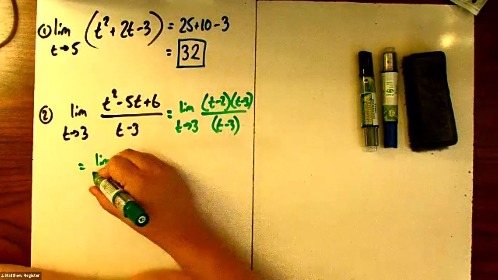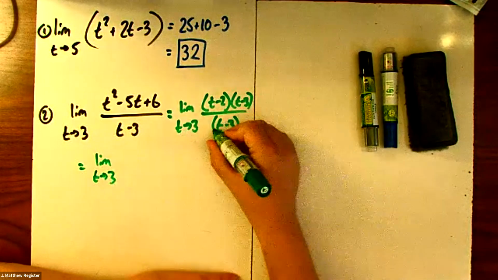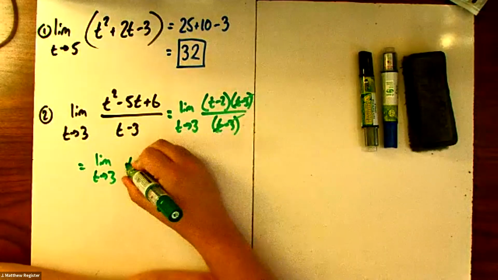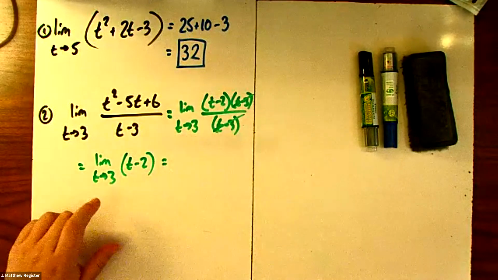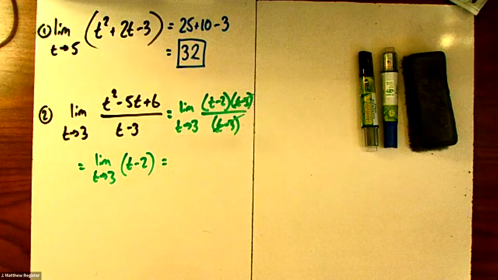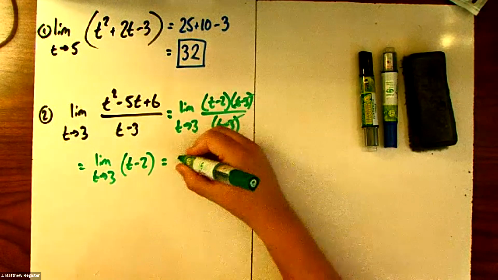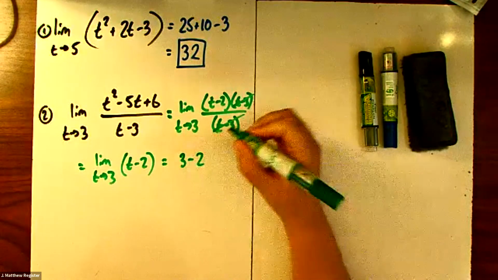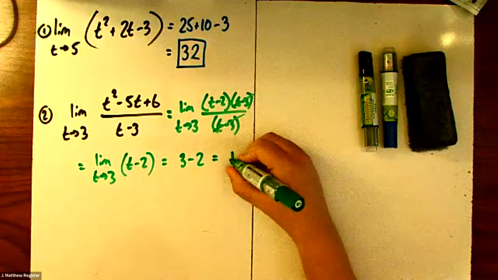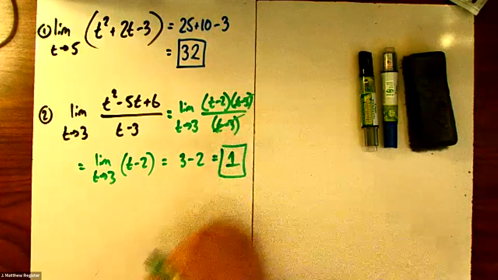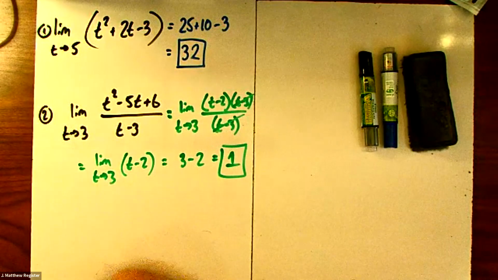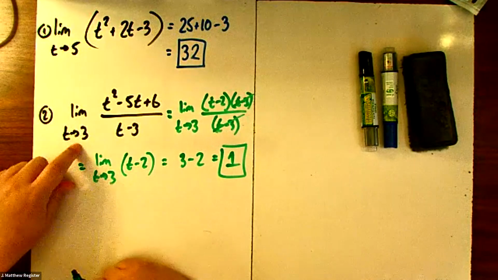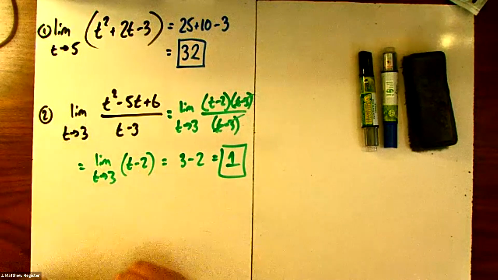Which is the same as the limit as t goes to 3, well, we could cancel those out, of t minus 2. Now there's nothing preventing us from plugging that 3 in. And when we plug the 3 in, we get 3 minus 2. So this was an algebraic approach. We used algebra to try and clean it up. And the limit as t goes to 3 of this function ended up being 1.